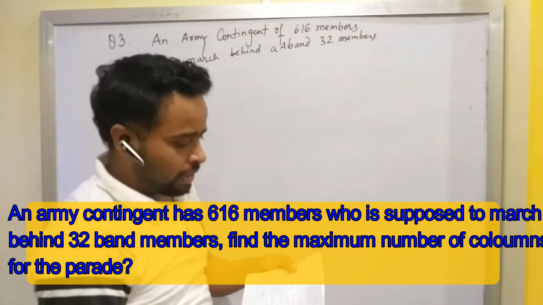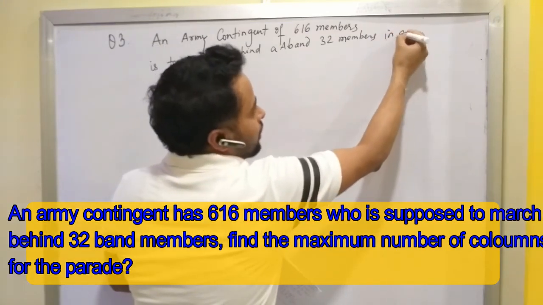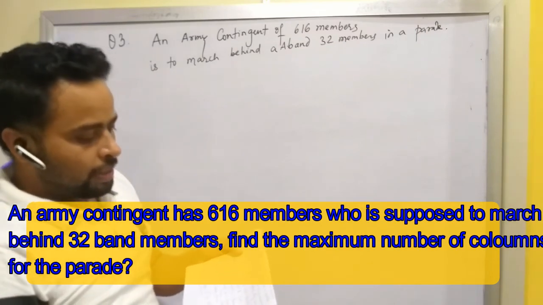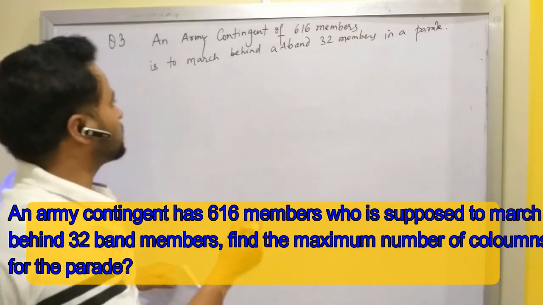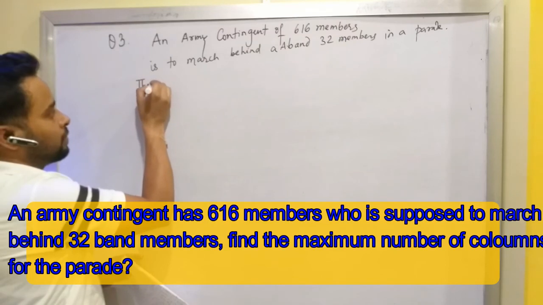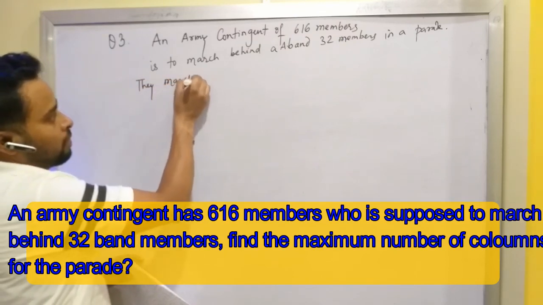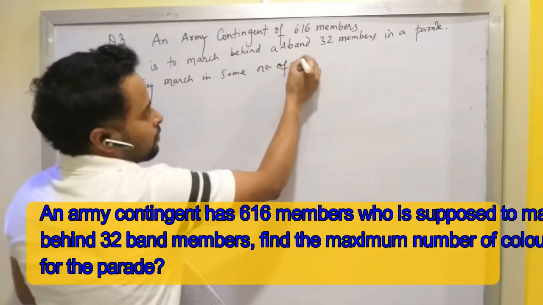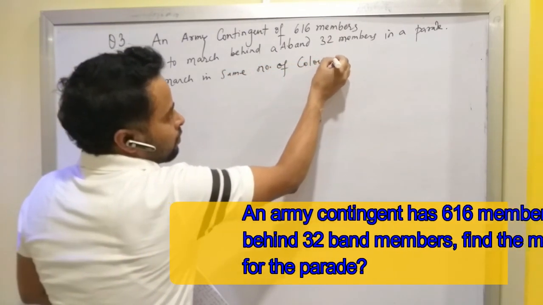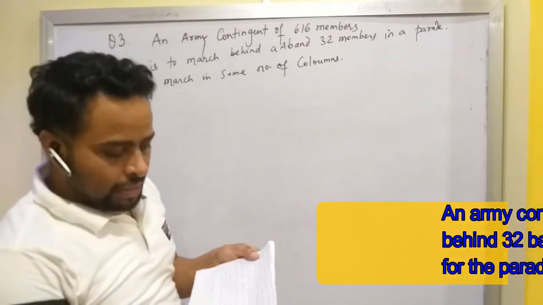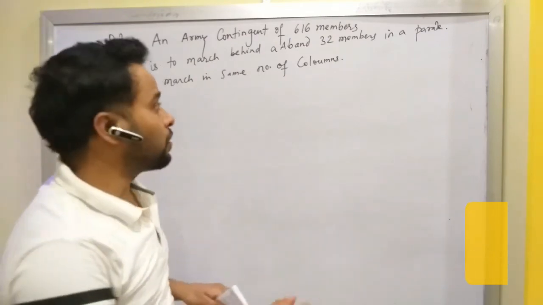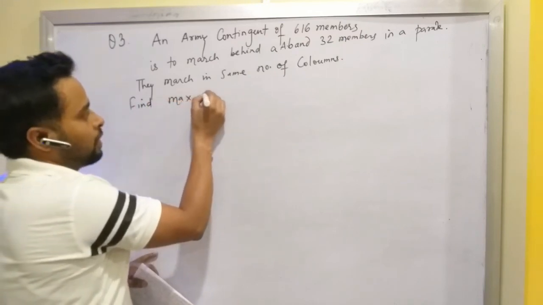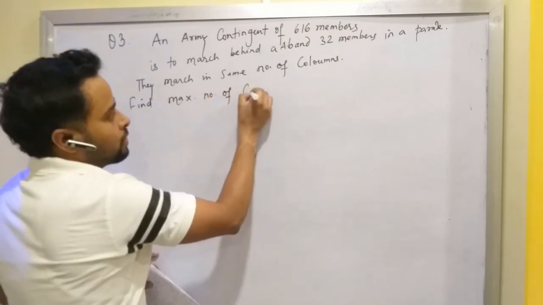They are giving this question in a parade. The two groups are to march in the same number of columns. They march in the same number of columns. What is the maximum number of columns? Find the maximum number of columns.